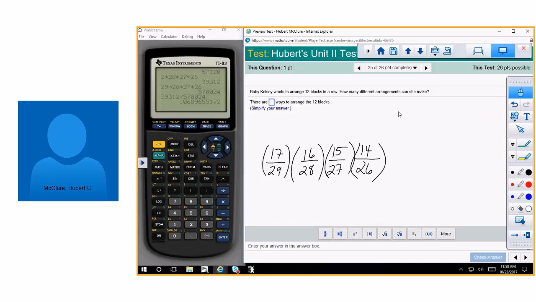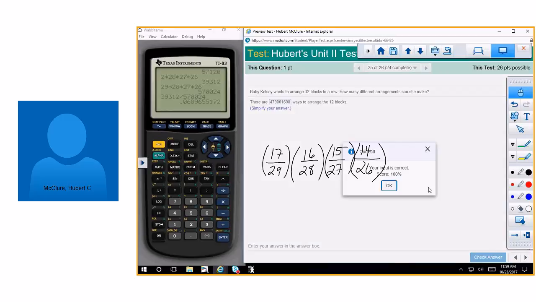Yep, give it to me. 479,001,600. Is that what you got? Check it, make sure I got it right. 479 million. Yeah, that seems right. Yep.